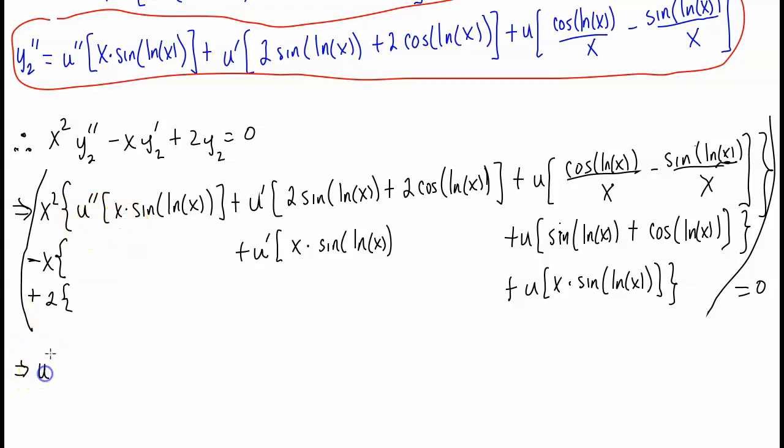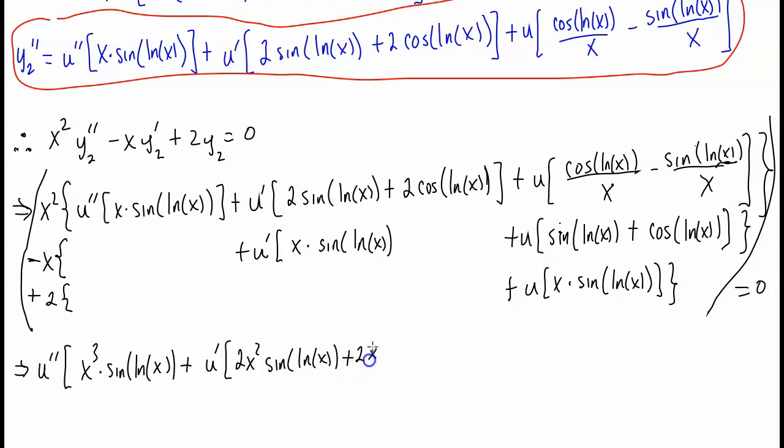So for this first term here, we'll have u double prime x squared times x here is going to give us x cubed times sine of natural log of x, plus u prime here, and this will be 2x squared sine of natural log of x plus 2x squared cosine natural log of x.